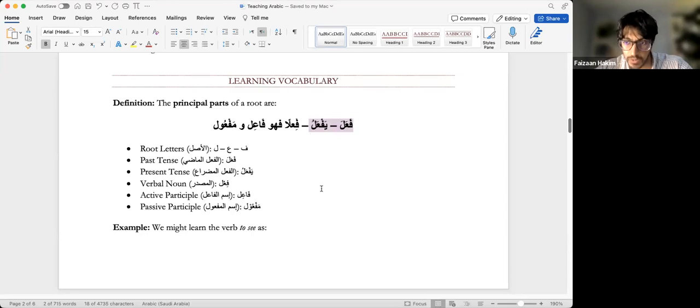Again, we can conjugate the present using our knowledge. Then we have the verbal noun, the masdar. Now, this is actually one of the most important words which are going to be given. These verbal nouns are very, very common in the Arabic language. Some of the most common words you might know, for example, ilm, knowledge, is a verbal noun.